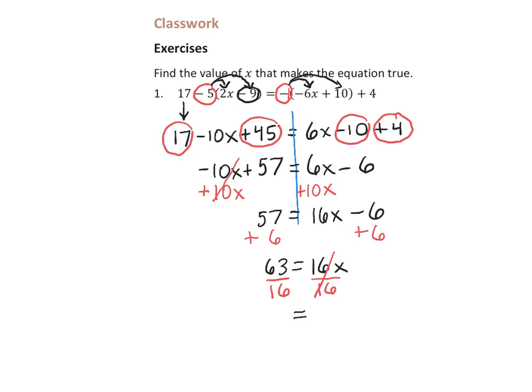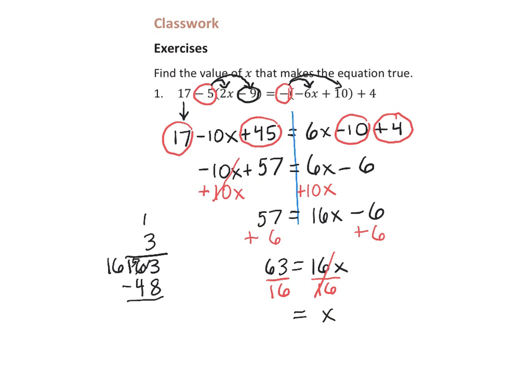So we're going to end up with x equals, off to the side I'll do my long division, 63 divided by 16, and I know 15 times 4 gives me 60, so I'm going to think this goes in 3 times. So I end up with 48, which I may have screwed this up.